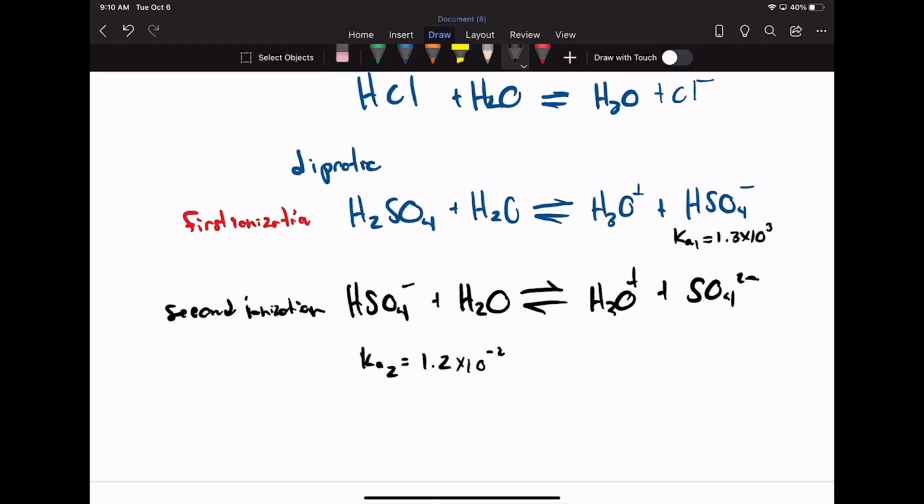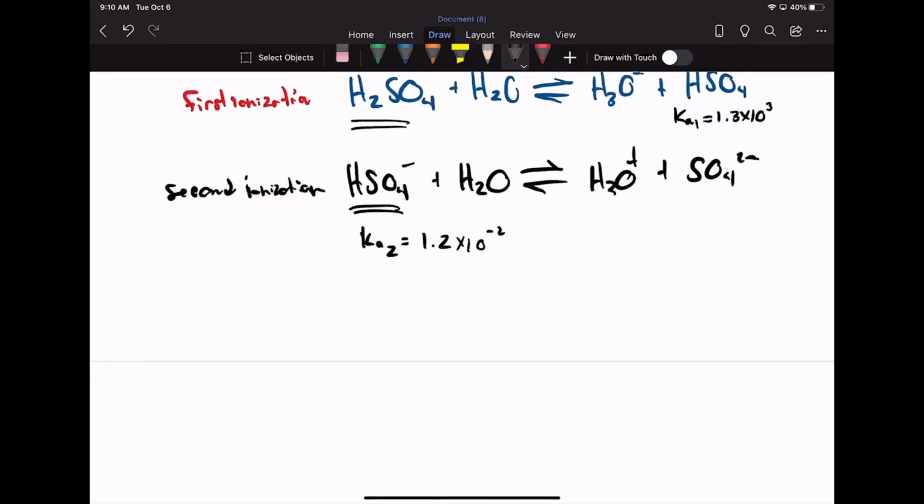The larger the Ka, the stronger the acid. So this acid is a lot stronger than this acid, because the Ka is larger. If we look at the pKa, sulfuric acid H2SO4 would have a smaller pKa value than HSO4 minus.